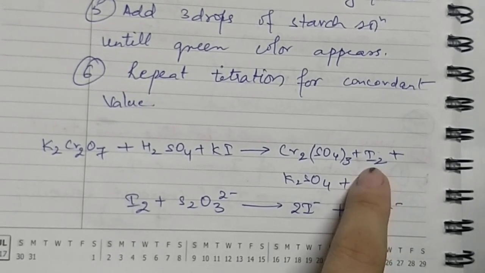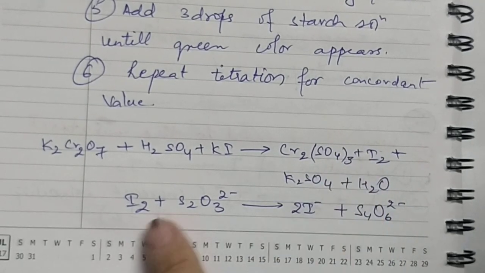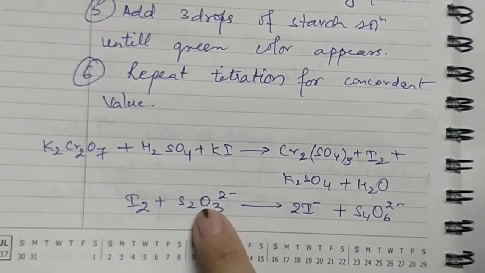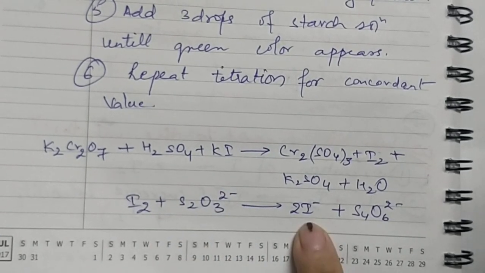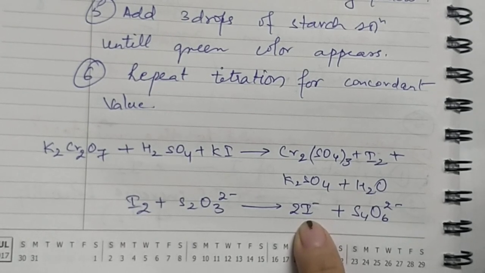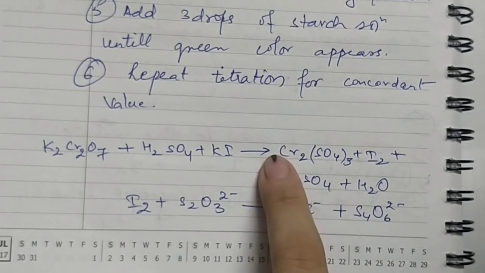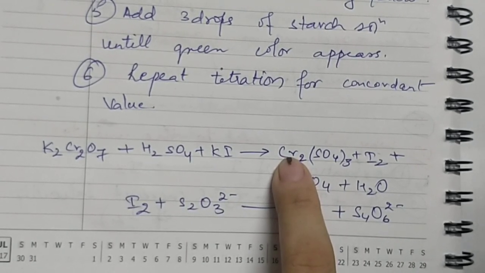So to this solution, starch is added and it will show blue color to you at this point. When you titrate it against hypo solution, this iodine will get converted to iodide and starch has to show its color, that is colorless. But as chromium 3+ ions are present in the mixture, the end point will be green instead of colorless.